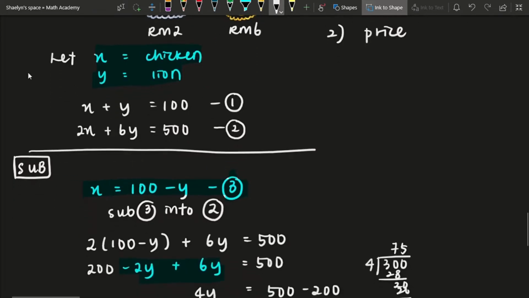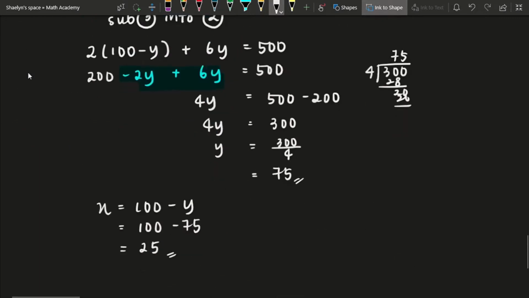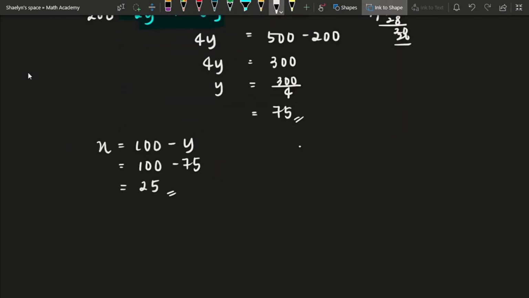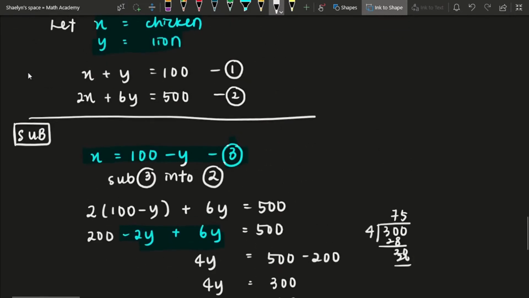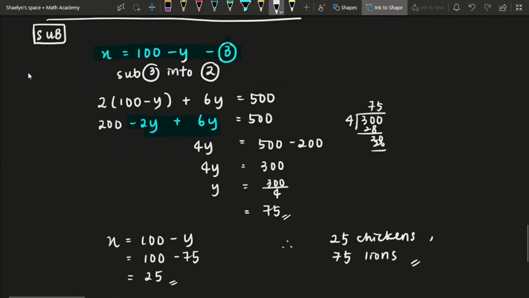So to be even safer, I will recommend you to write something like this. What is x again? x is chicken. You will get 25 chickens and 75 lions. So that's the final answer for this question.